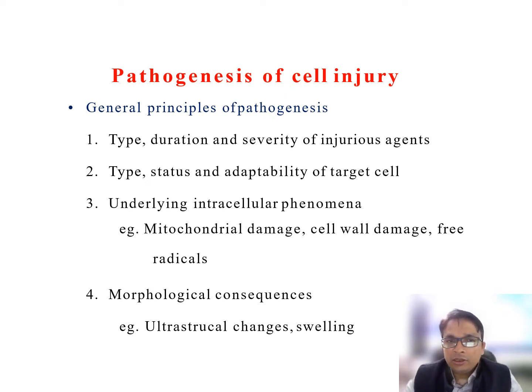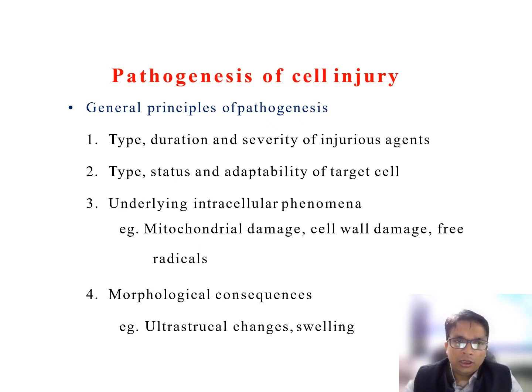These intracellular phenomena are also very important to see which type of cellular injury and what severity of cellular injury will be there. Moreover, some morphological changes could also result due to cellular injury, like ultrastructural changes, cell swelling, or damage of the nuclear membrane. These kinds of morphological changes have to be taken into account while discussing the pathogenesis of cell injury.